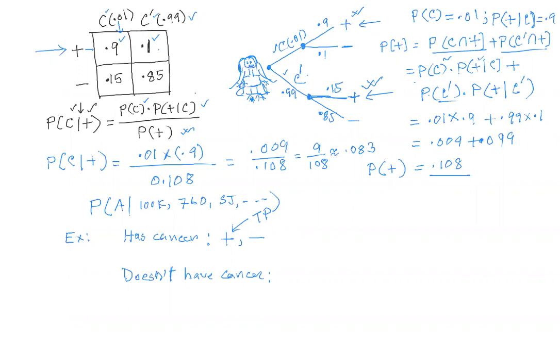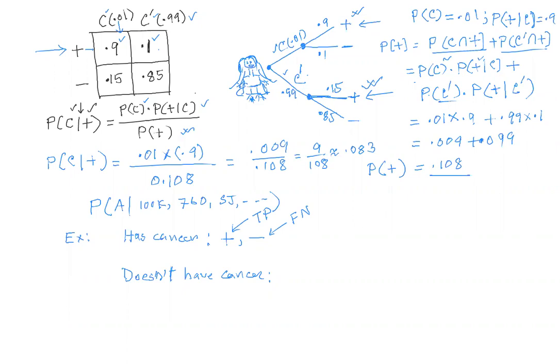On the other hand, a person has cancer but tests negative, that's called a false negative, because the person actually has it, but the result came out negative, which is a false statement.